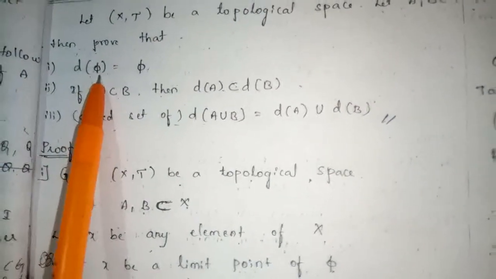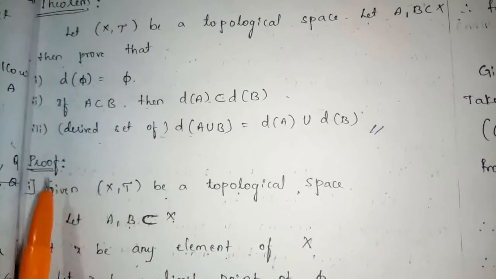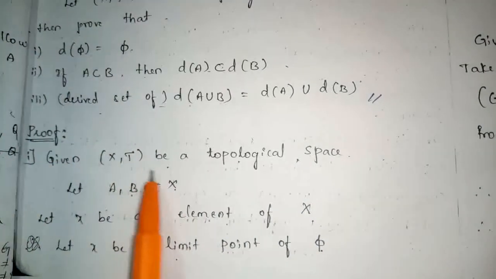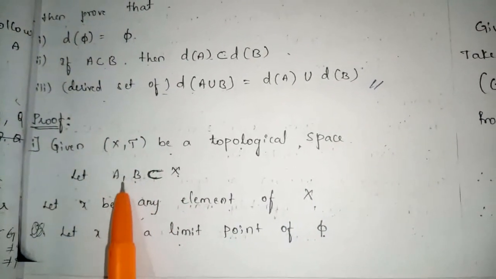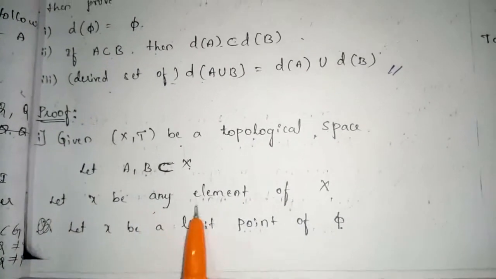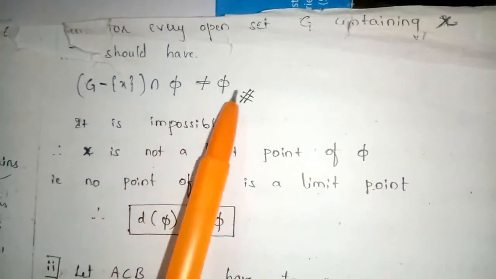Okay, observe the proof. First we have to prove the first condition, that is, the derived set of φ is equal to φ. What are the given things here? Given (X, τ) is a topological space, and A and B are subsets of X. Let x be any element of X. Let x be a limit point of φ. Then for every open set G containing x, we should have (G minus x) intersection φ is not equal to φ.